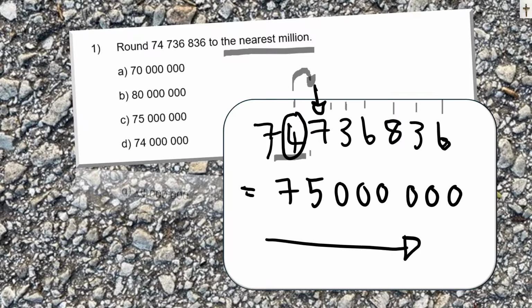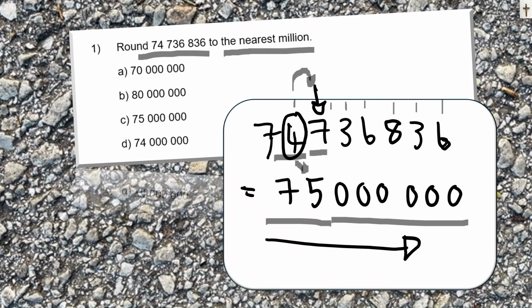So here we have a 7, which is 5 or bigger, so the 4 becomes a 5, and all those numbers to the right which hold places become a 0. So if we round 74,736,836 to the nearest million, we get 75 million.